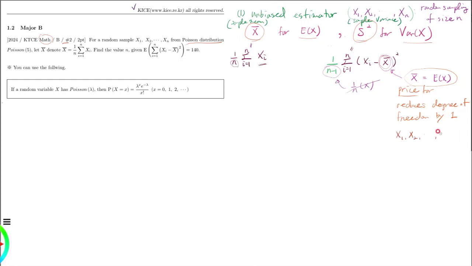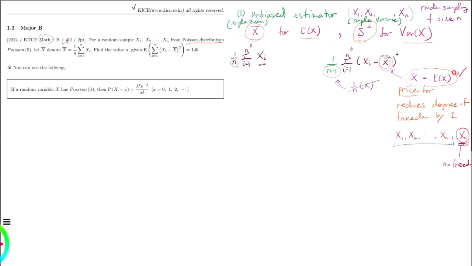So actually we have a random sample of size n, but we can freely choose only x1, x2 till x sub n minus 1. It has freedom, but for the last sample, x sub n, there is no freedom, because it should satisfy this equation.